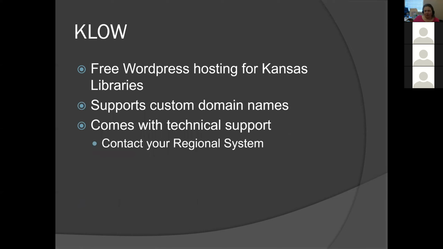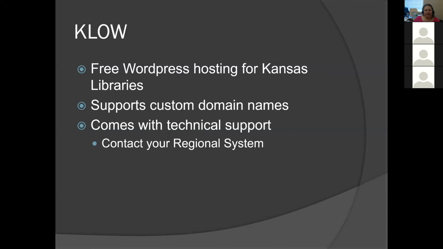Clow is free WordPress hosting for Kansas libraries. It is a service that the systems pay for. It is managed through Neckles, and right at the moment I'm the person who does most of the managing for it. So if you have questions, you can certainly contact me. You can get custom domain names, so if you want to buy a domain name, they run about $15 a year, so they're not terribly expensive.